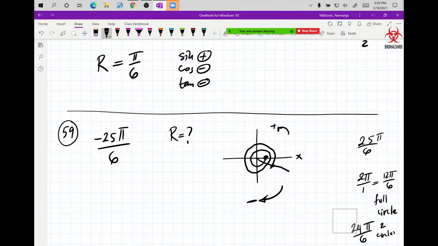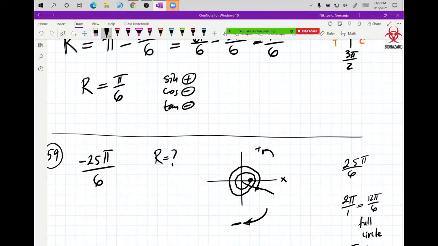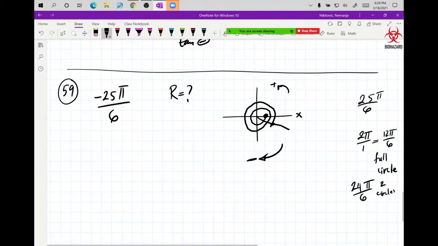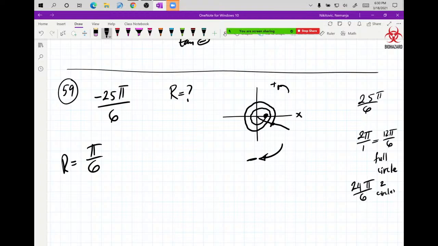It's very easy to see that your reference angle R is pi over 6. There's literally nothing to do. R equals pi over 6 because that's the closest x-axis, right? So this kind of analysis on the side really helps. And it doesn't matter what you get for the denominator.